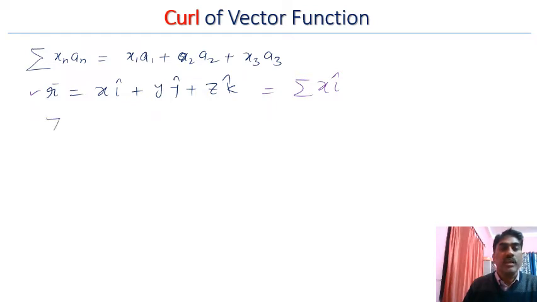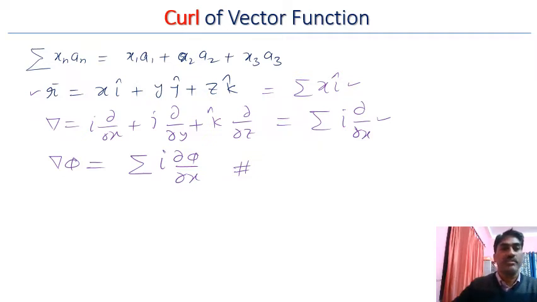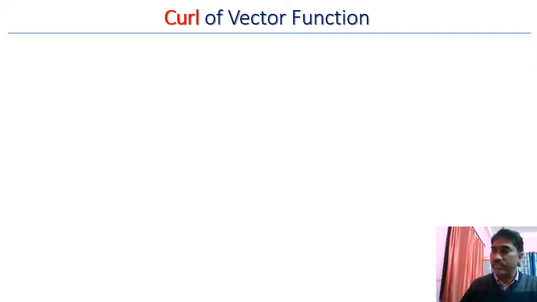Similarly, now we can write del, that is i del by del x plus j del by del y plus k del by del z, as sigma i_i del by del x_i. So this is the shorthand for r. This is the shorthand for del, and we will use similar shorthand. So del phi can be written in shorthand notation as sigma i_i del phi by del x_i. So we will now use this shorthand notation to prove some identities. So let us prove the first identity.